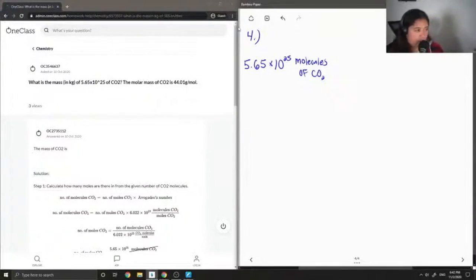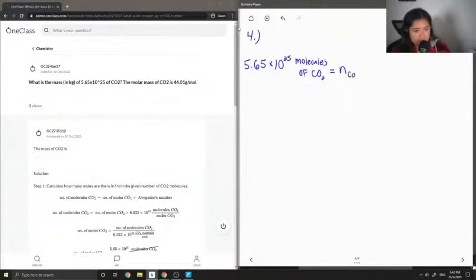So they gave us the molecules of CO2, and in order to calculate for mass, we want to find out how many moles of CO2 we have. So in order to do that, we are going to use Avogadro's number.